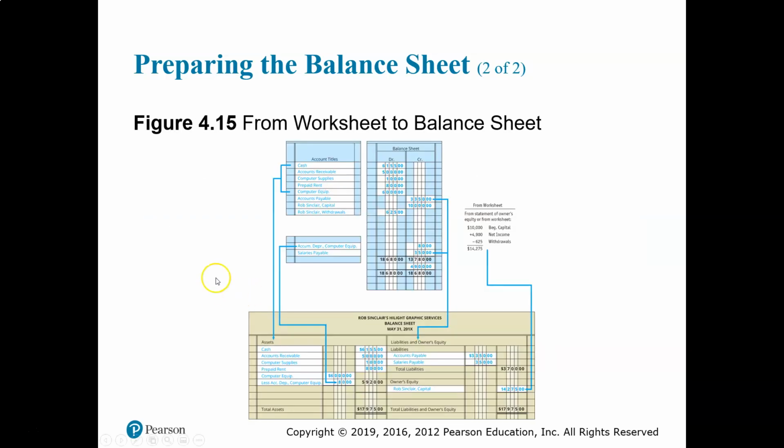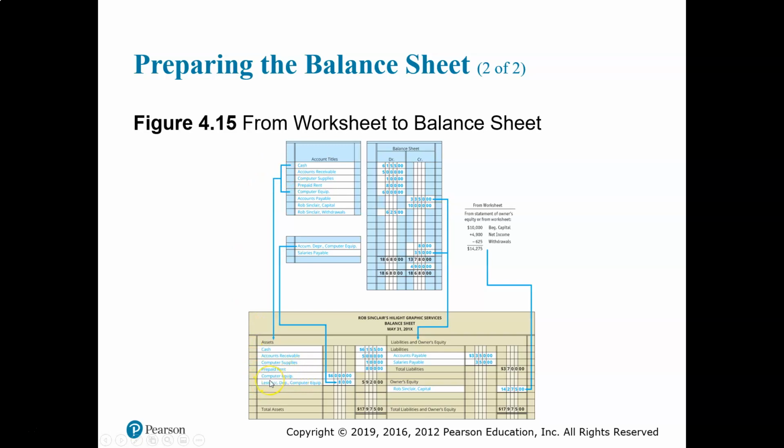Okay, so here we have our account titles, and this is just a snippet from the worksheet, just the balance sheet columns here for demonstration. So you have your balance sheet, you have your company name, the name of the financial statement, and as of a particular date, remember as of May 31st, you have your assets here. You bring those assets and put them down here.